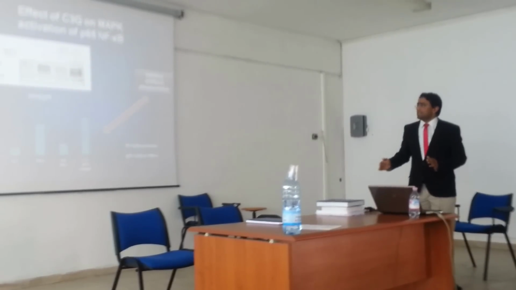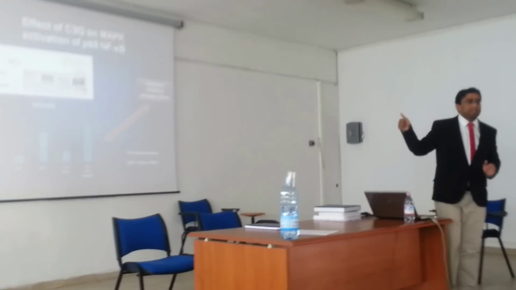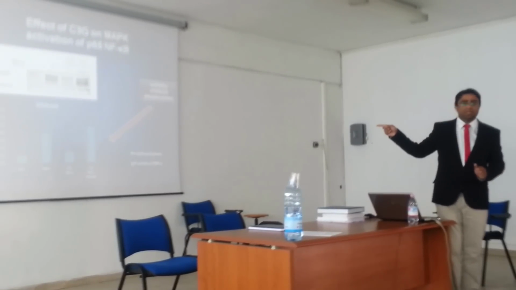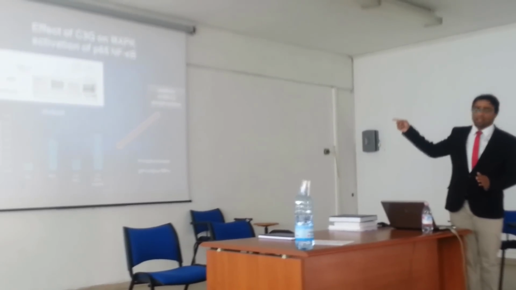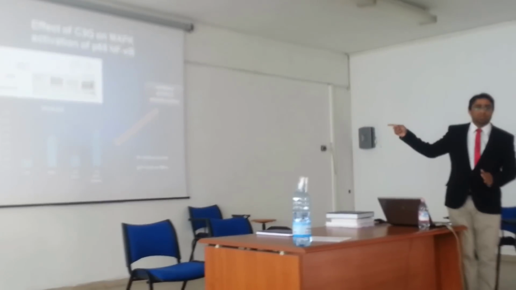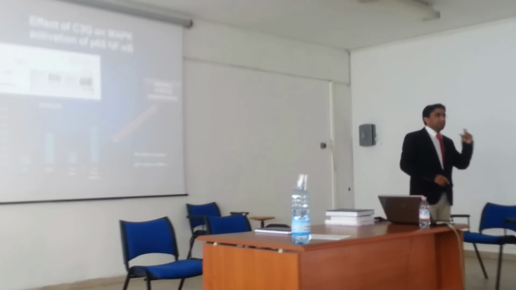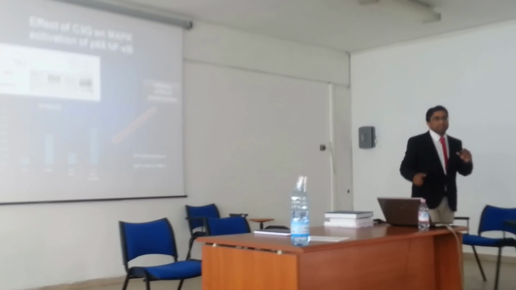We found that the decrease of NF-kappa B by cyanidin was no more able to happen when we inhibit this ERK pathway. So we confirm that NF-kappa B is inhibited by the NRF2 pathway with the activation of ERK kinases.